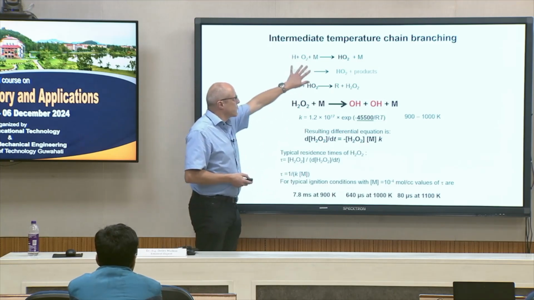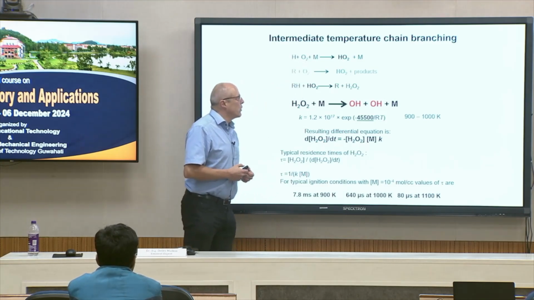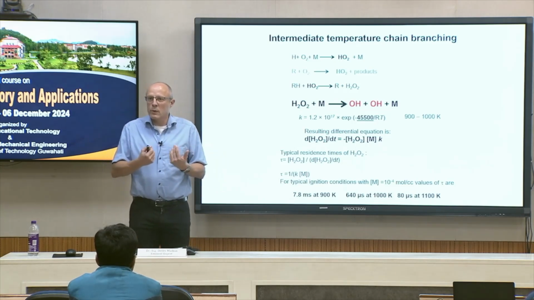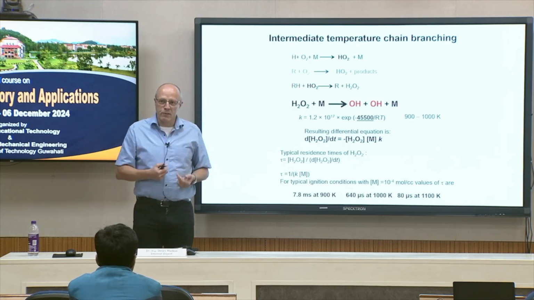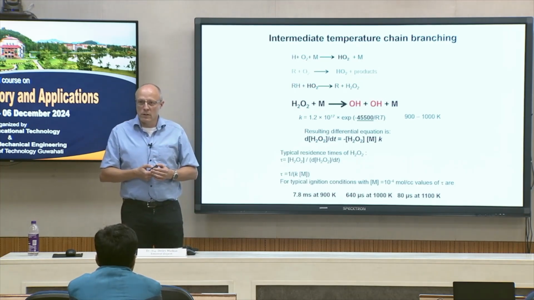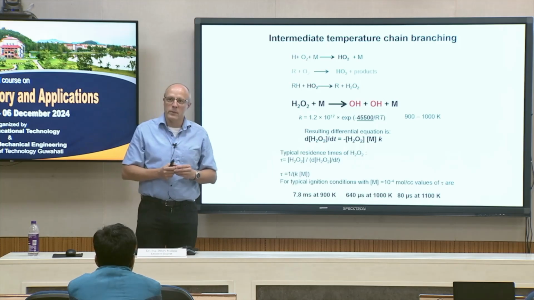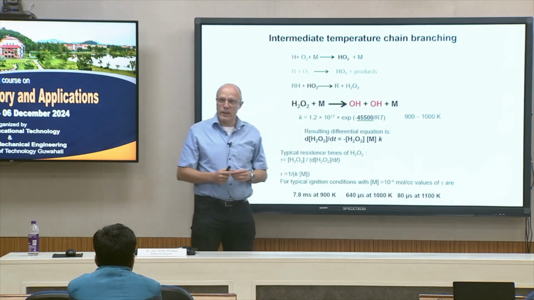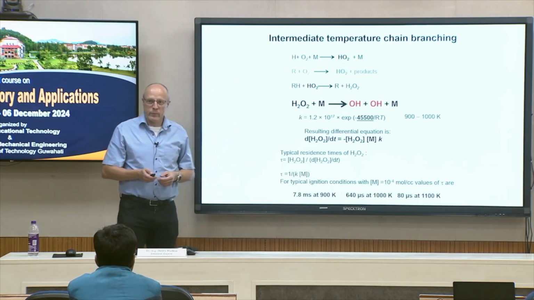So here we have a classical third body collision. So H plus O2, if they only collide, nothing will happen. But they need the third partner to bring them over the cliff, so that finally we will have HO2.